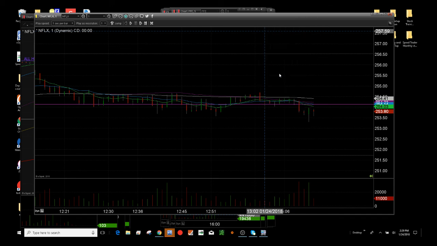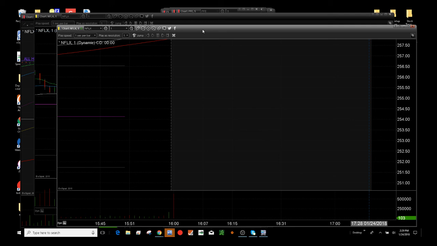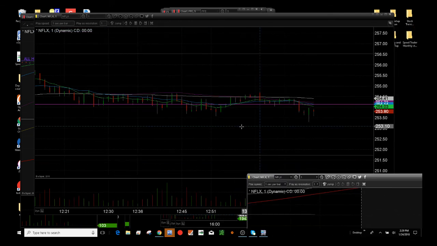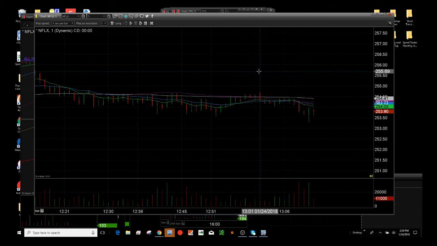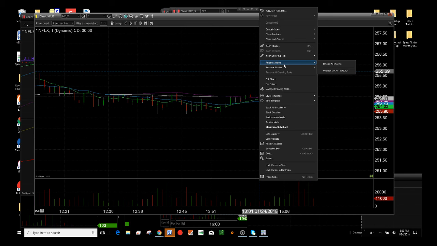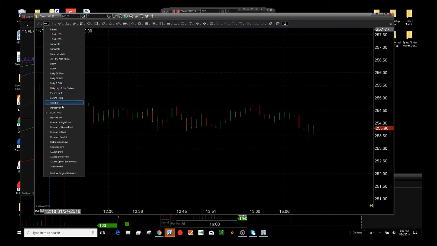And in fact, what I'm going to do here is create another window, put this down here, and remove all the drawing tools and remove studies. And I think just looking at the candles would probably be your best way to do it.